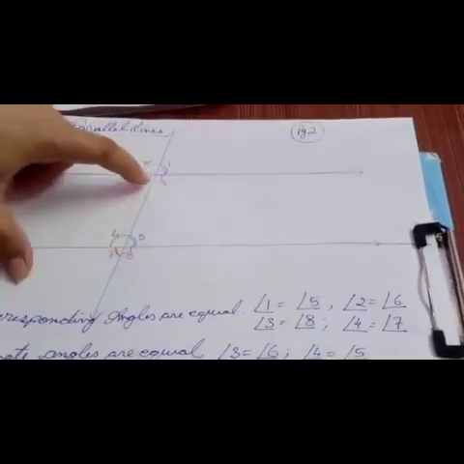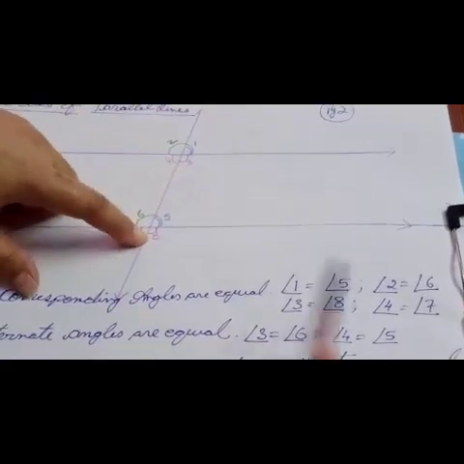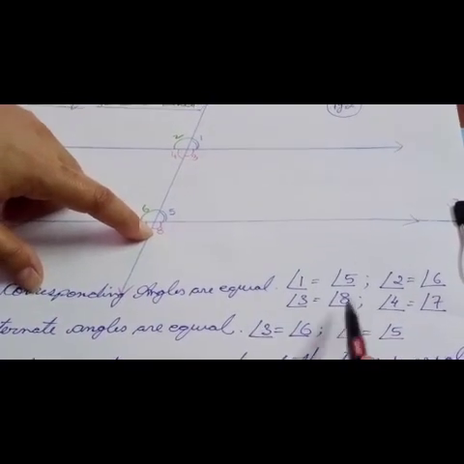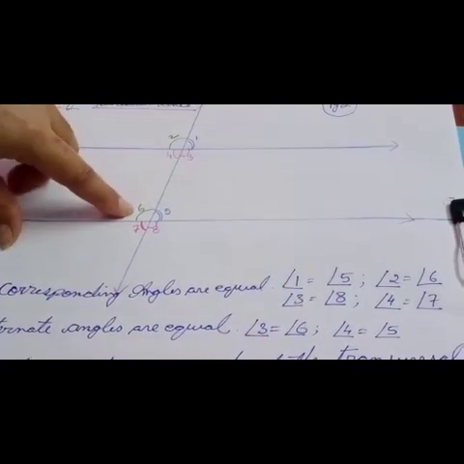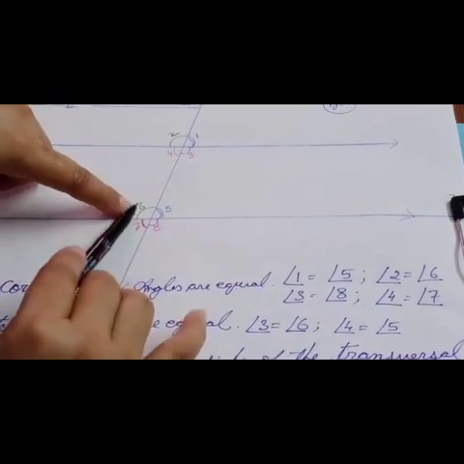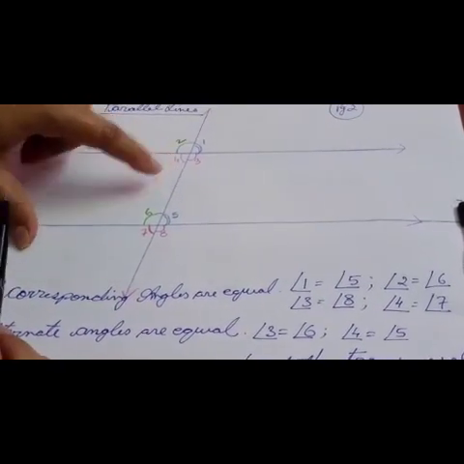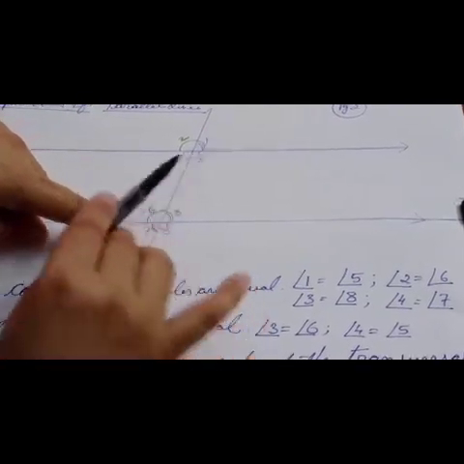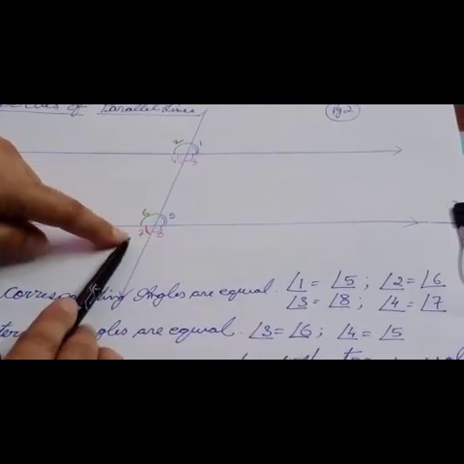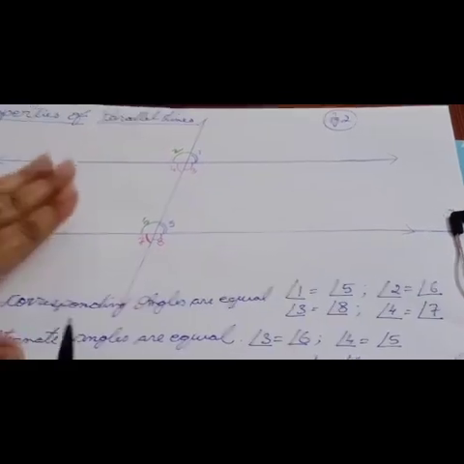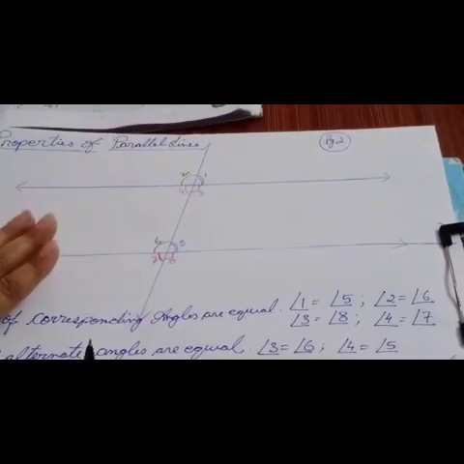Why? Corresponding. Again, angle 3 is equal to angle 8, also corresponding. Angle 2 is equal to angle 6, also corresponding. One exterior, one interior. Again, angle 4 is equal to angle 7, also one interior, one exterior. If you see this diagram very nicely, you will understand this very well.